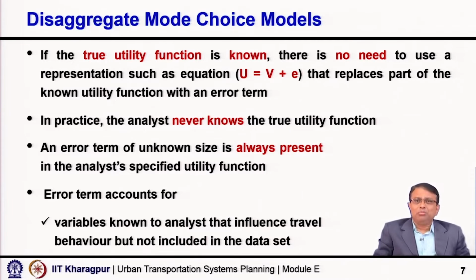So, what does the error term account for? It actually accounts for 3 things. Number 1, variables known to the analyst that influence travel behavior, but are not included in the data set. That means, as an analyst, maybe I know that this variable influences the choice decision and I should have considered it, but I did not consider it for some reason.